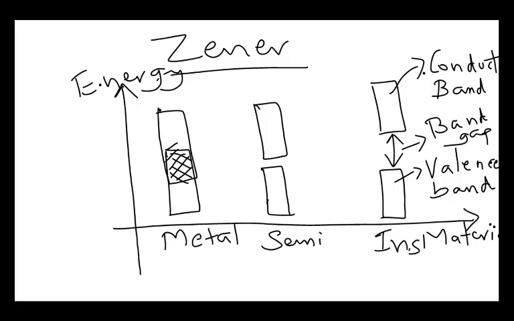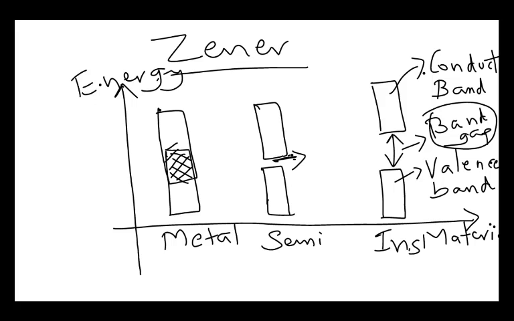Okay, now consider the band gap, also called the energy gap, as the energy region which is void of any electron states. This gap is very huge for insulators. That means insulators cannot conduct because they don't have any electron states. And if you look at semiconductors, it is quite small.